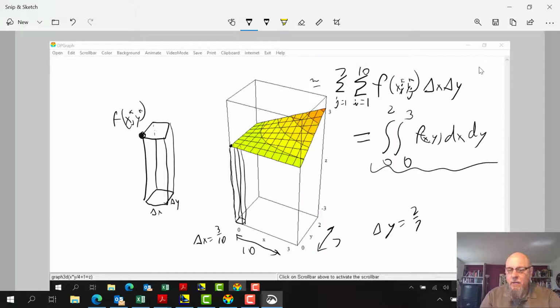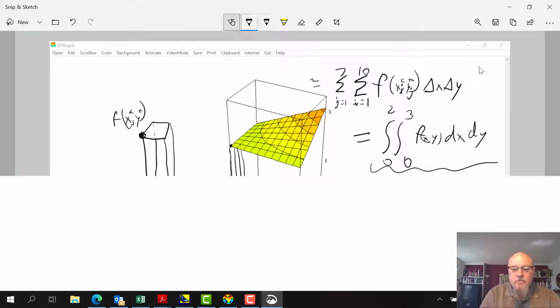And if I think about it, let's just group this for a second. If I only look at this, because it looks like I made a great big jump there, right? If I only look at this, then if I take the limit as n goes to infinity, this is equal to the integral from 0 to 3 of the function f of x, y dx.